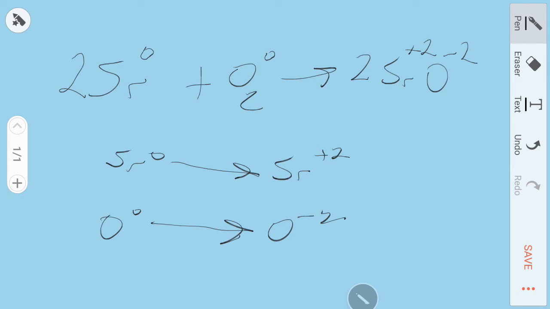So now, strontium is losing electrons, it becomes positive. If it's becoming positive, that means that it is oxidized. And here oxygen is gaining electrons or becoming more negative, so it is being reduced.